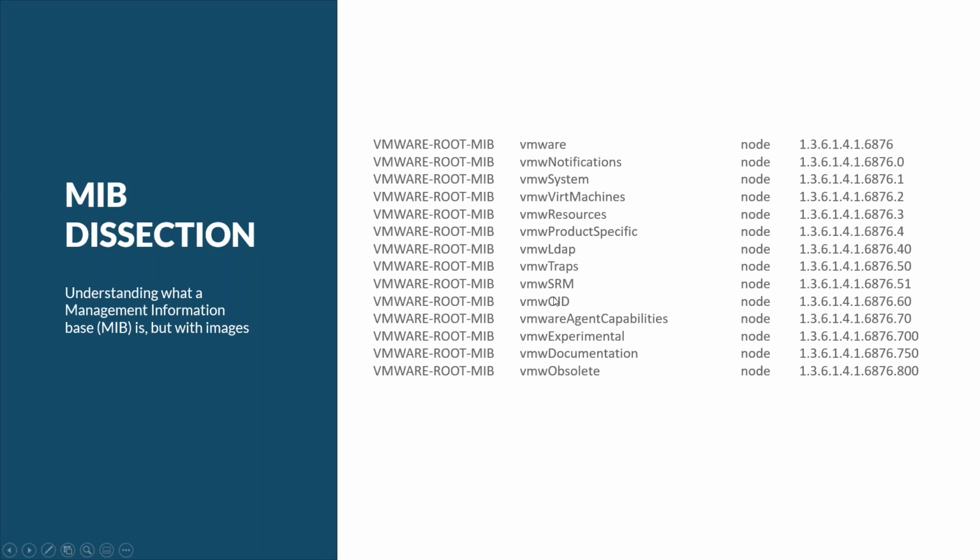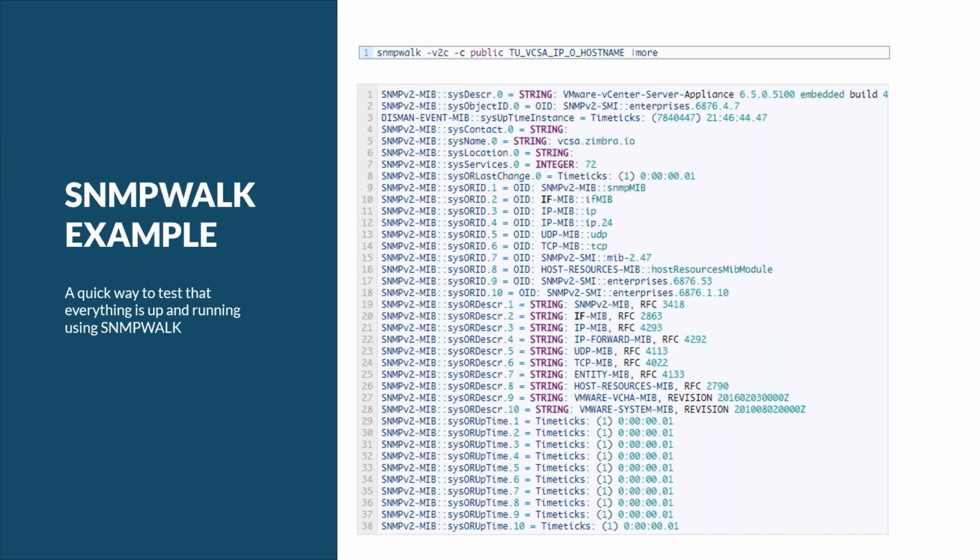As you can see all of this, and probably you are already wondering, this is really, really complex and not really intuitive at all. So this is an SNMP walk example. Once again, you can just take a look into the SNMP walk pointing to the vCenter or the ESXi, and if you have SNMP enabled, it gives you a lot of information.